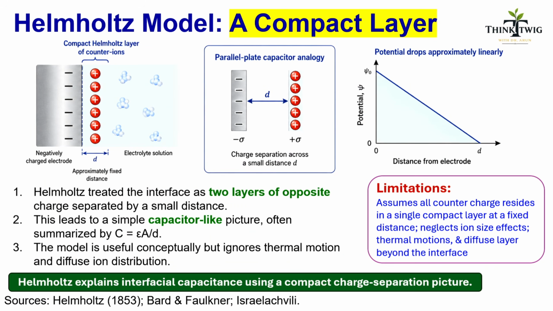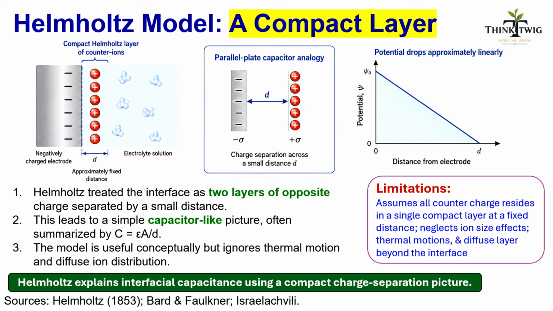The first model is the Helmholtz model. Helmholtz imagined the interface as two compact layers of opposite charge. One layer lies on the electrode surface, and the second layer of counterions lies just next to it in the electrolyte. The arrangement looks similar to a conventional capacitor, and this is why the model is often represented using the relation C equals epsilon A divided by d.